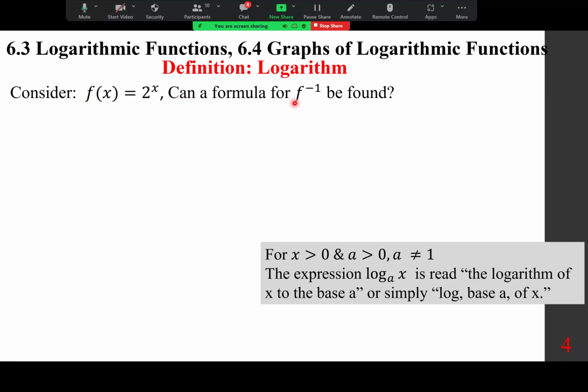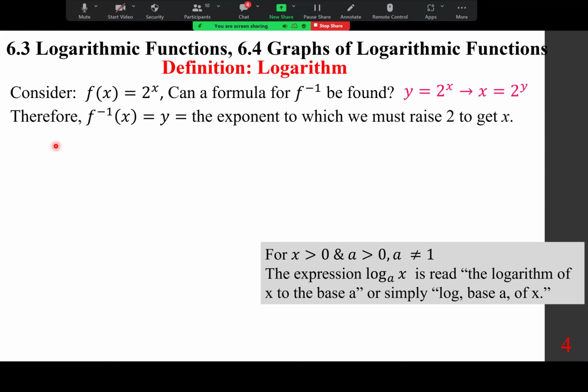Can a formula for f inverse be found? You're going to write y equals 2 to the power of x. Then we interchange x and y, and here's the inverse function. Therefore, f inverse of x equals y is the exponent, because we're going to solve for y, right, to which we must raise 2 to get x.